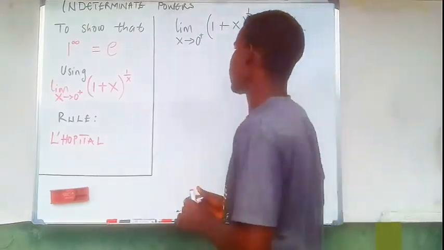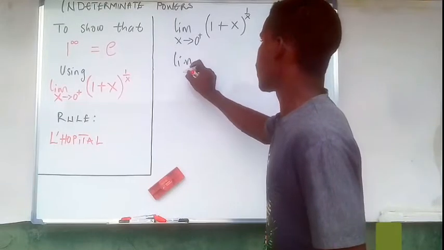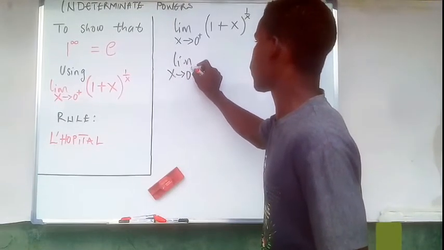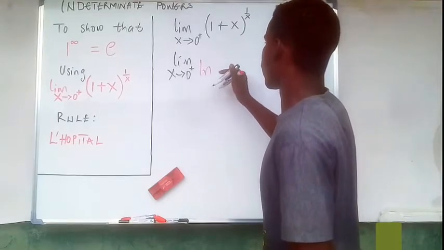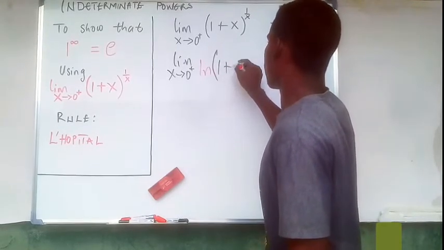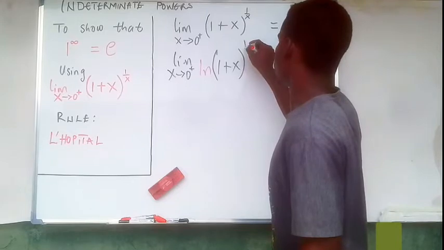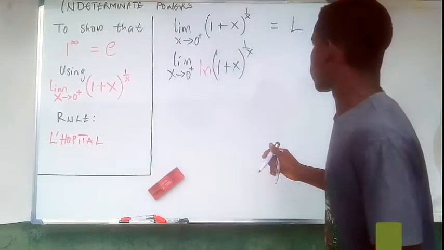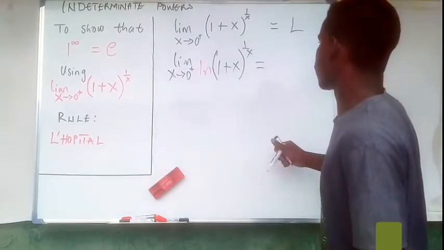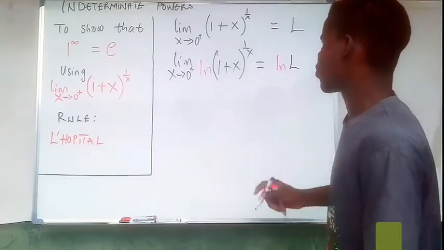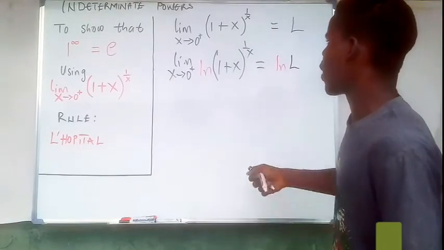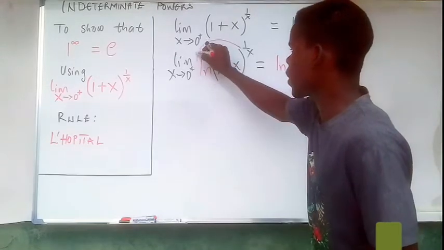So I'll say that the limit as x approaches 0 plus, now we take the ln of both sides, we have ln of (1 + x)^(1/x) is equal to ln L. Now after taking ln of both sides, note that from our basic log properties, this exponent will come down.